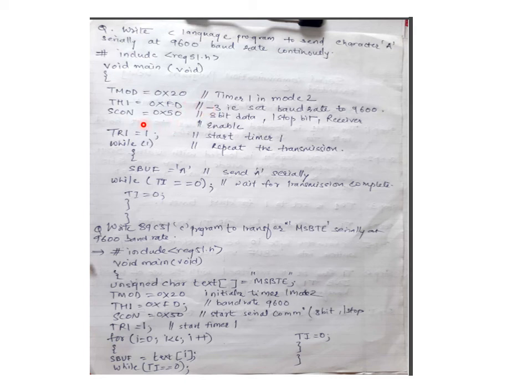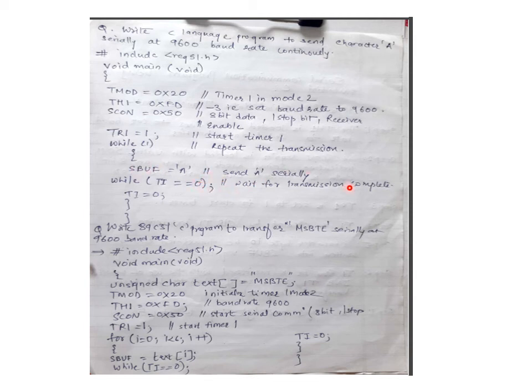SCON. So for serial communication, SCON serial control register, we have to take 0x50 because it is the 8-bit data, one stop bit, receiver enable. Then TR1 is equal to 1, that is start timer. Then we have to repeat it, while(1). Loop starts. SBUF is equal to 'A', serial buffer register.